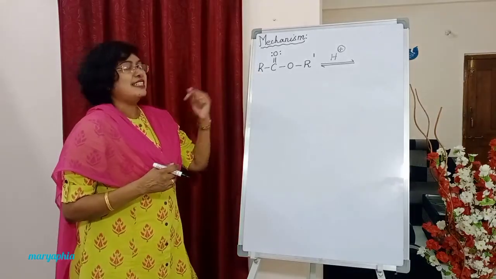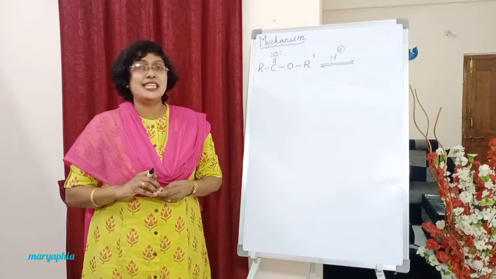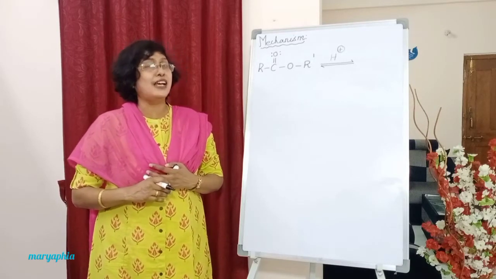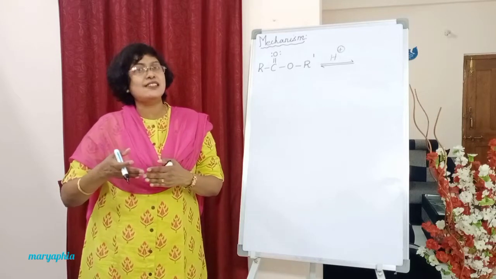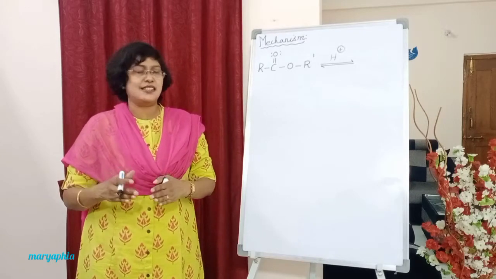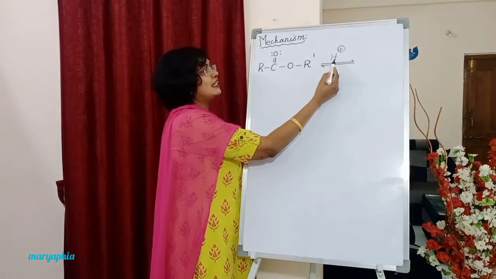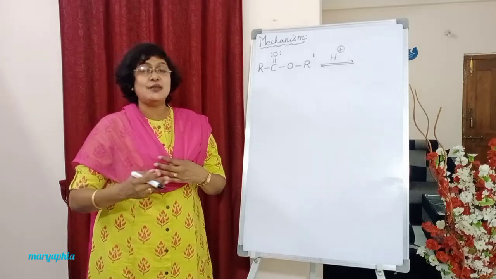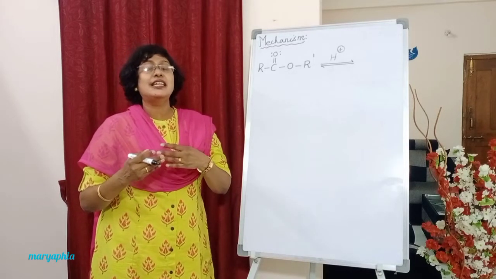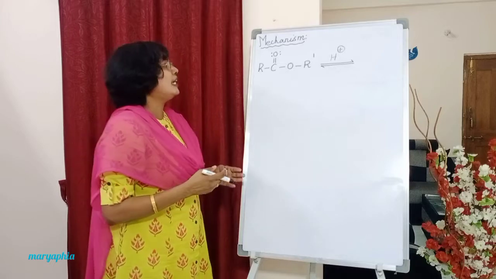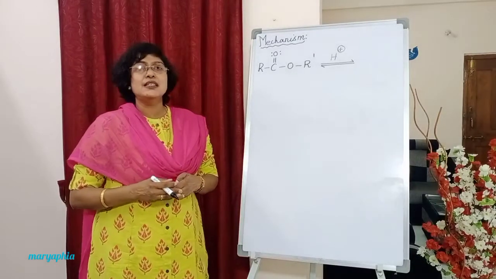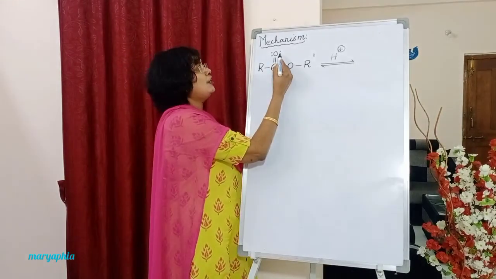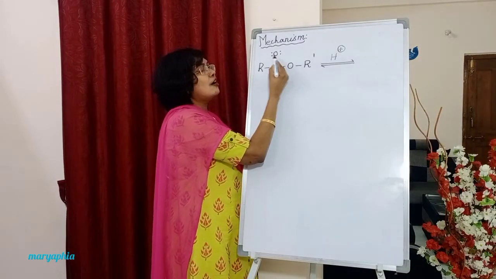First, this is the ester, RC=OR dash, undergoing acidic hydrolysis, that is hydrolysis in the presence of an acid. Look here. First, this H plus from H2SO4, the acid involved in this reaction, will be attracted by one of the lone pairs of electrons of oxygen.